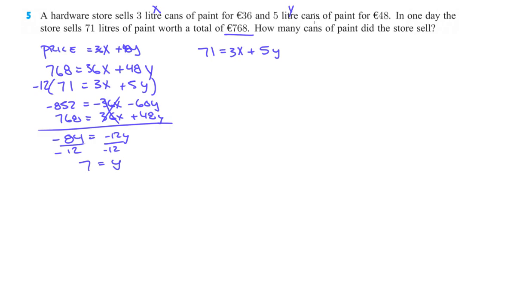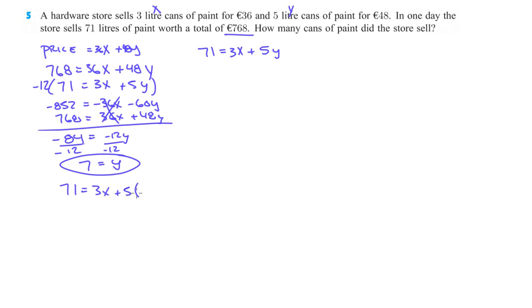And then we also are going to have to figure out how many X's we sold. So we can plug that into either one of these original equations. I'm going to plug into this one because it's a little bit smaller and nicer to work with, so I know that 71 equals 3, I'm going to circle that because we'll use that later.